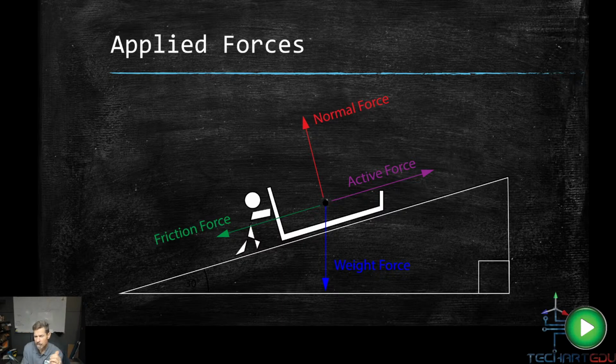Now, there's a whole bunch of other forces, especially when dealing with aerodynamics, because you've got to deal with drag, you've got to deal with lift, and that applies to anything to do with water. But normally we're dealing with just four of these: weight force, active force, normal force, and then friction force. So what are all of these forces? Well, I'm going to go ahead and demonstrate that right now.